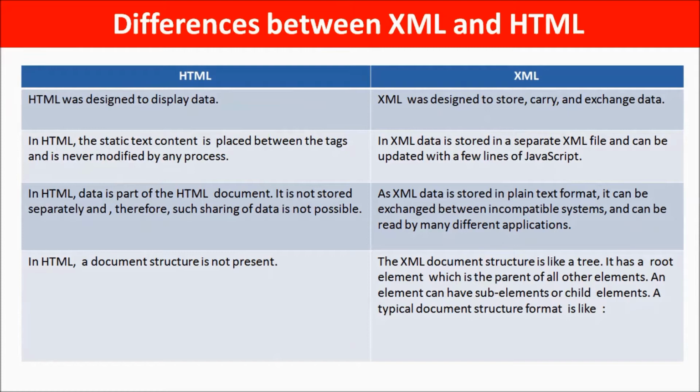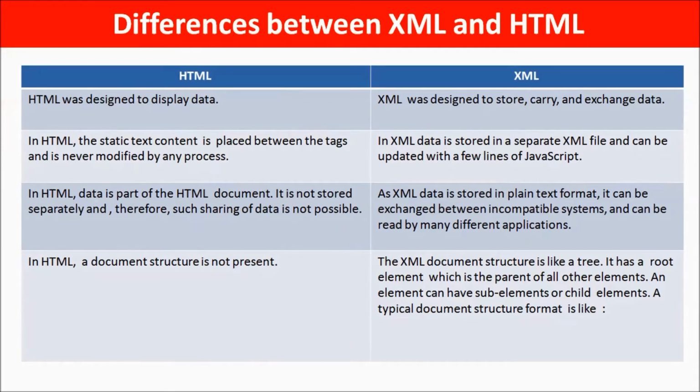HTML can display data. It is used to design the web page, only for that purpose. But XML is used to store data, carry and exchange data. These are the two differences in how they use the data.